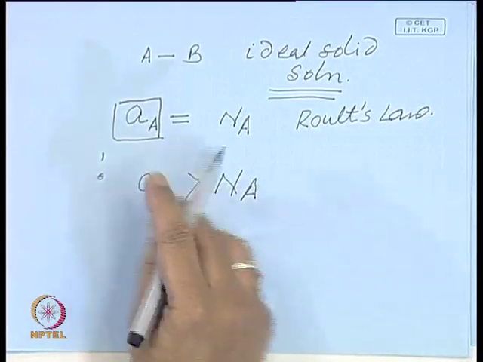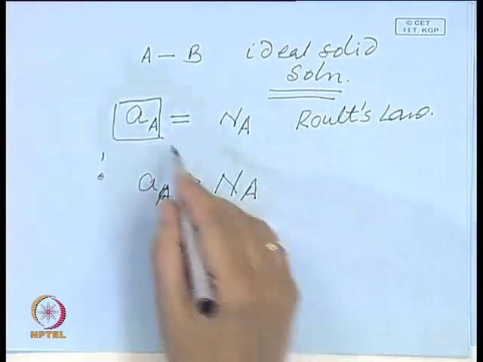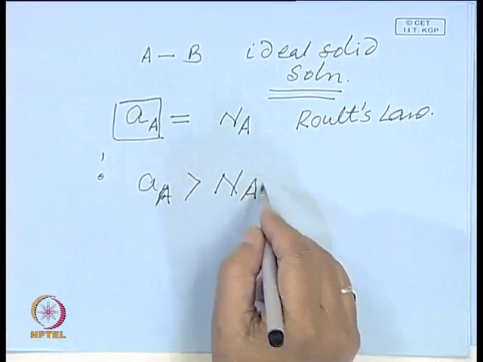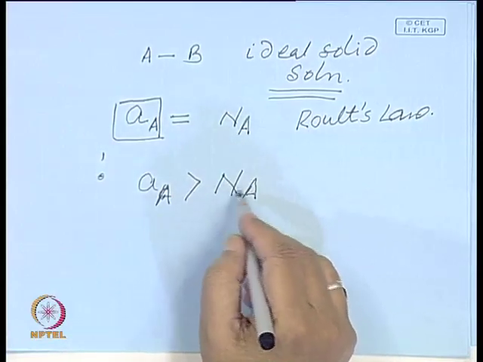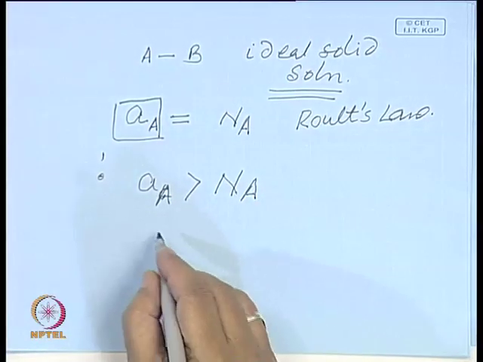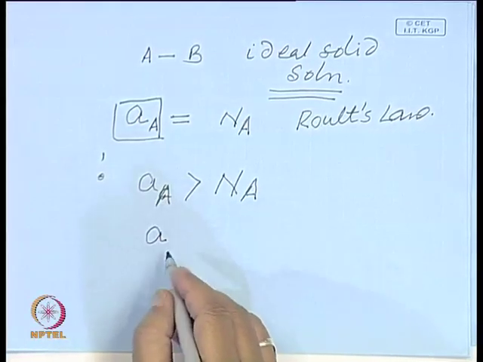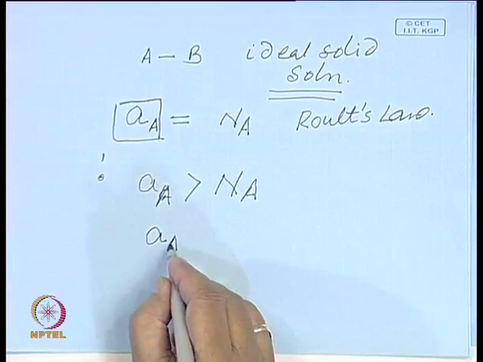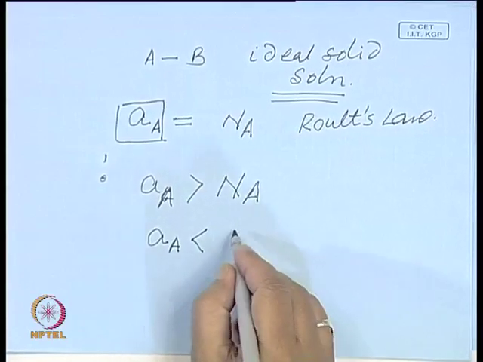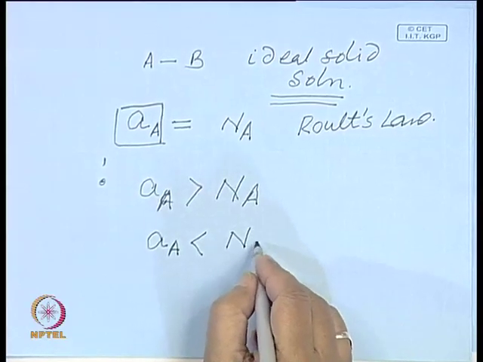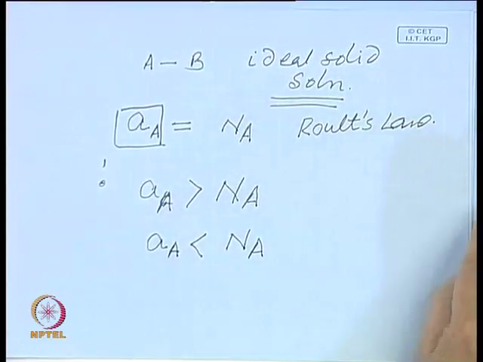That means in a cluster, locally the concentration of A will be higher than the actual atom fraction of that particular alloy. Similarly, if there is ordering, A will like to have B as its neighbor, which will be more preferred. In that case, the activity will be less than N_A.